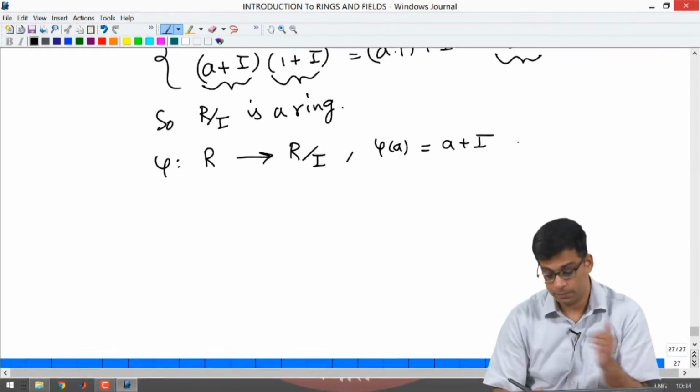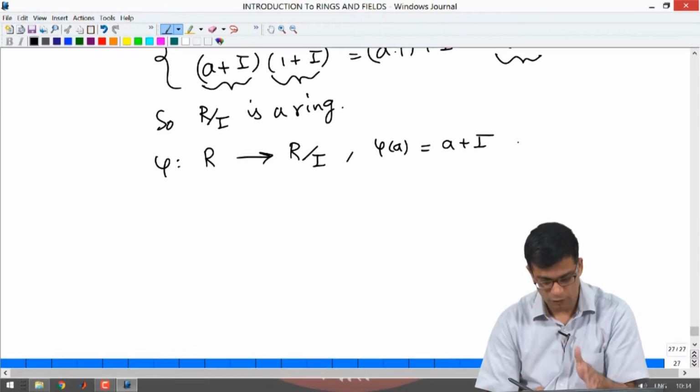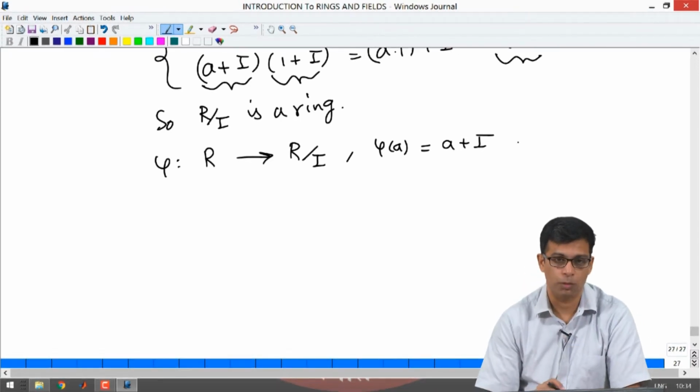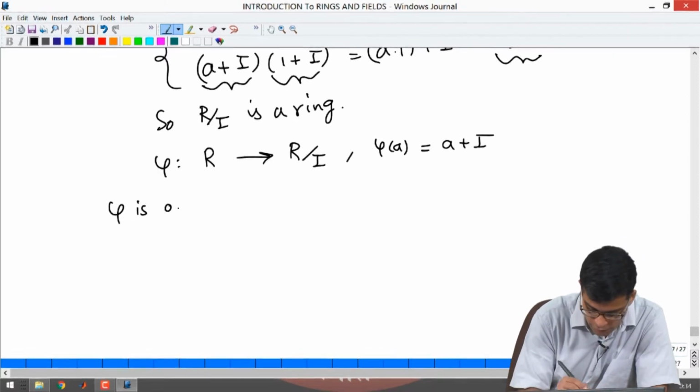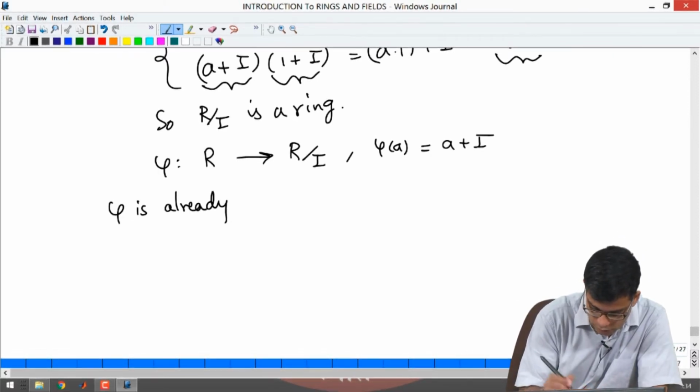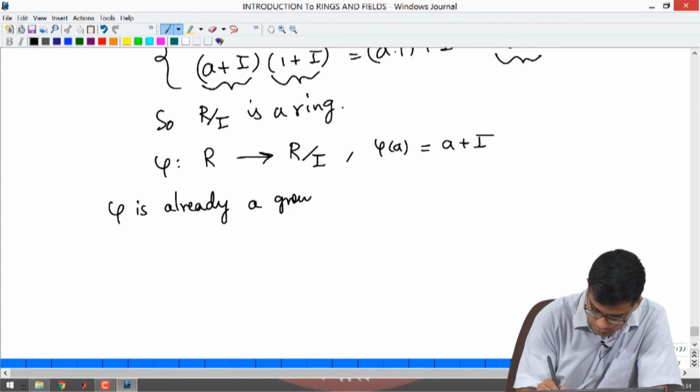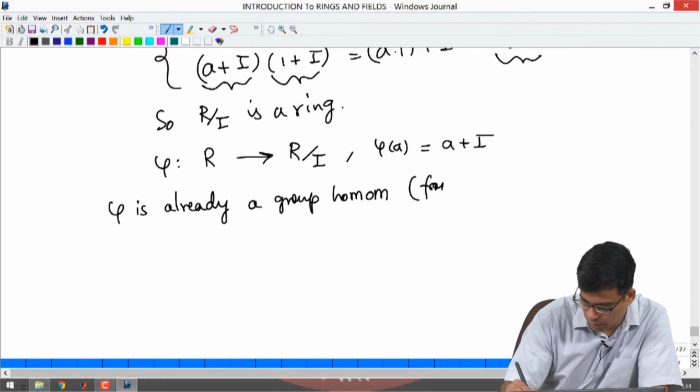Why is it a ring homomorphism? So, what we need to check? Phi is already a group homomorphism. This is from group theory, right?